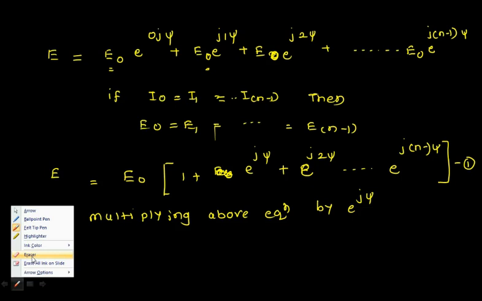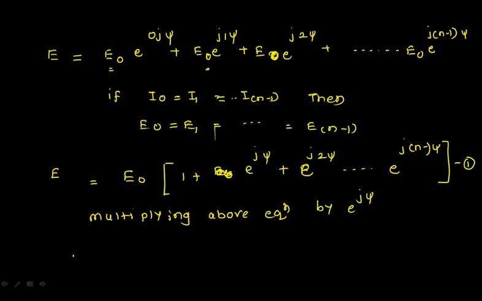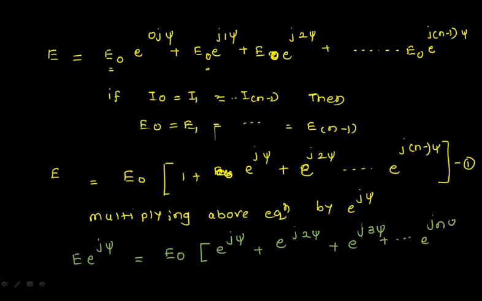If you multiply here, your new equation will become E e raised to j psi is equal to E0 e raised to j psi, because I have multiplied now, plus e raised to j 2 psi plus e raised to j 3 psi, up to e raised to j n psi, because if you multiply it with e raised to j psi, it will become this one. So I'm giving this as equation number 2.